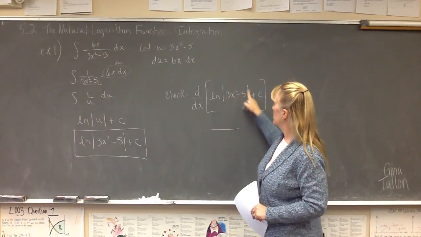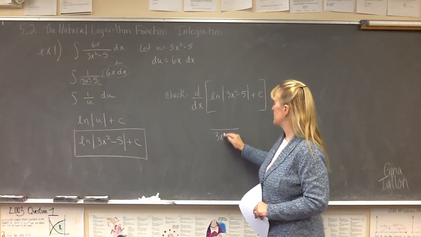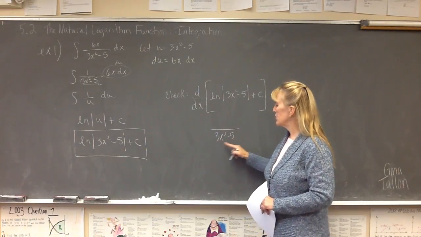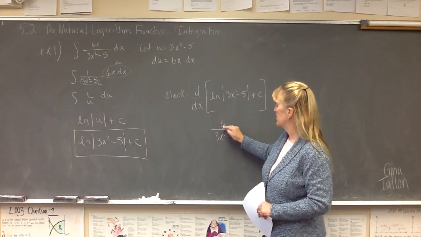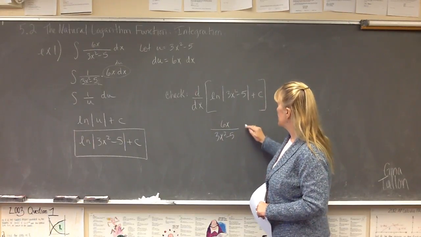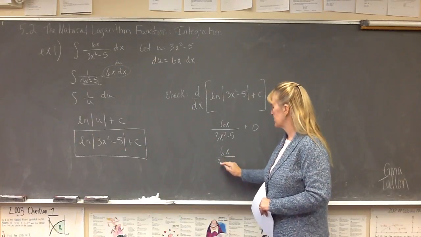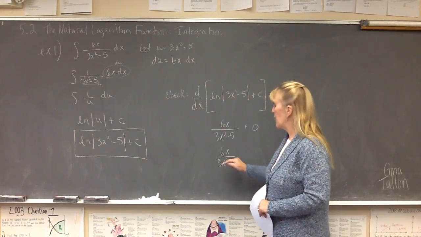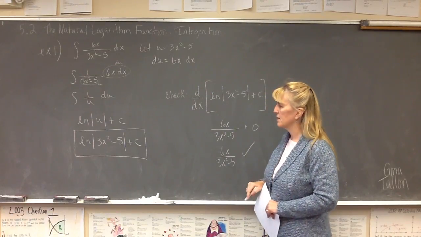Whatever the natural log is being applied to goes on the denominator, 3x squared minus 5. And then you look here and you take this derivative, which is 6x. And the derivative of any constant is just 0, so this gives me 6x over 3x squared minus 5. And that was indeed the integrand of your original problem, so we have a check.